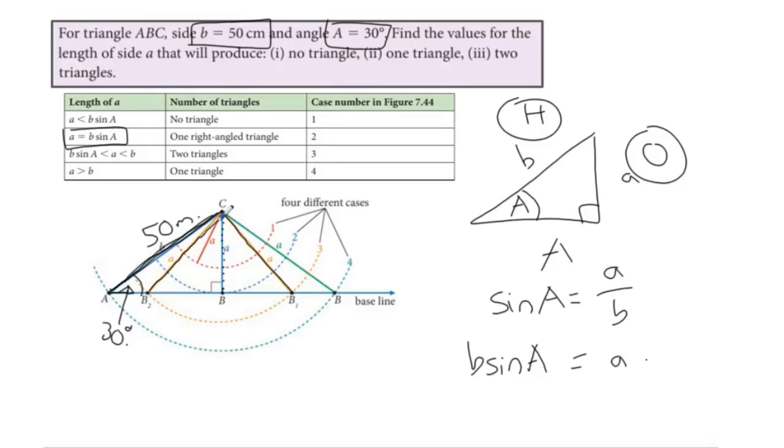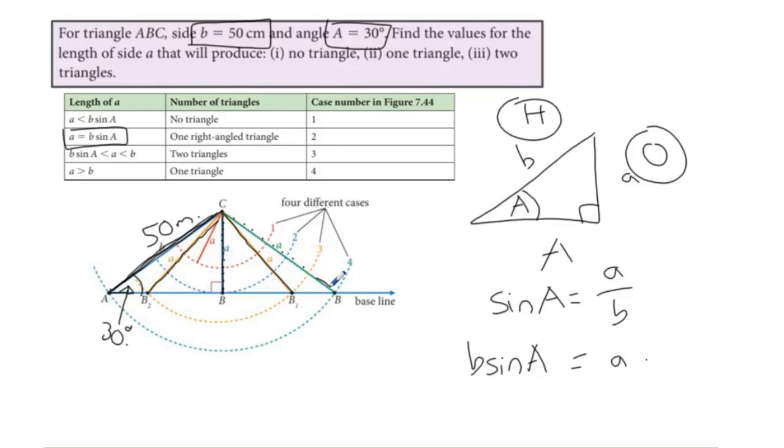And if A is greater than B, as with the green line, which is longer than side B, there is only one way point B can be on the baseline with this angle of 30 degrees.